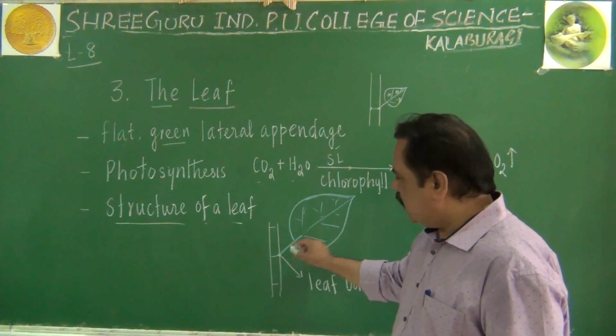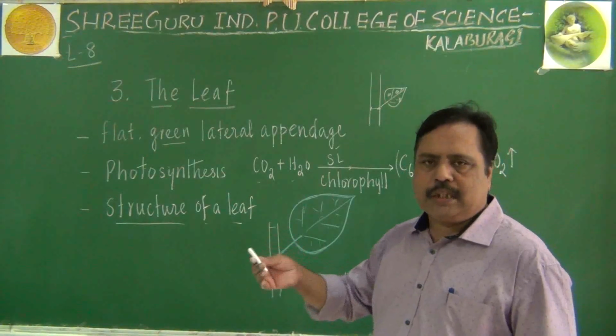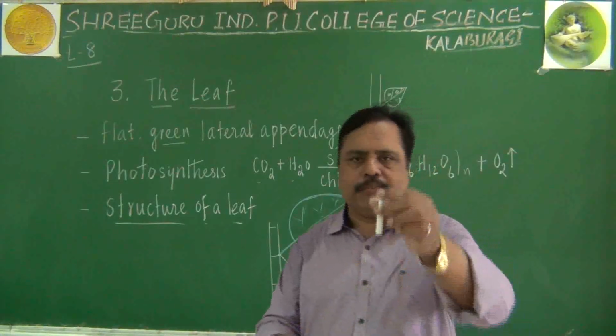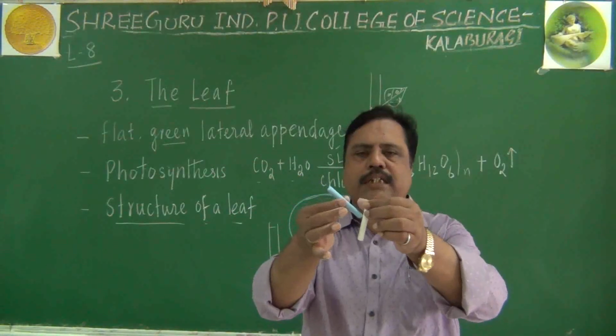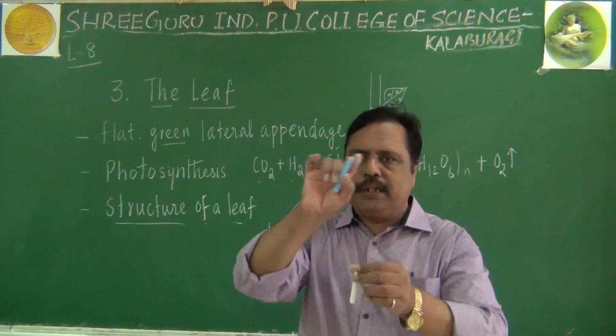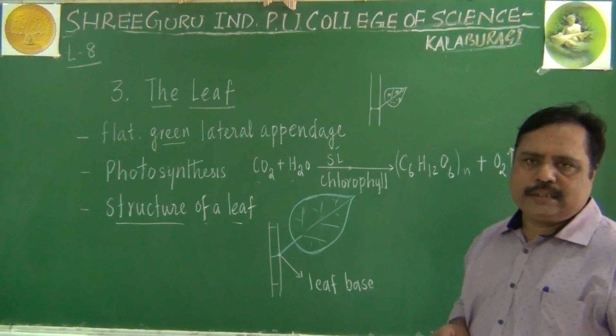Remember, this part is not the leaf blade, it is the point of attachment of the leaf with the stem. With the stem, the leaf is attached by a stalk-like structure. That attachment point is called the leaf base.